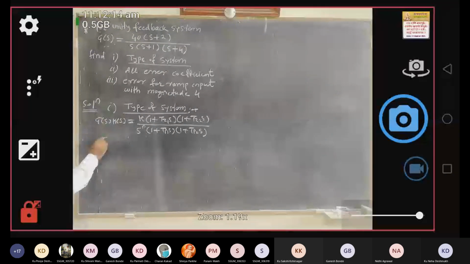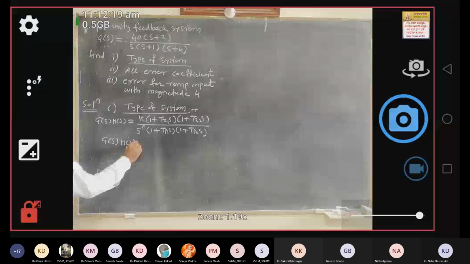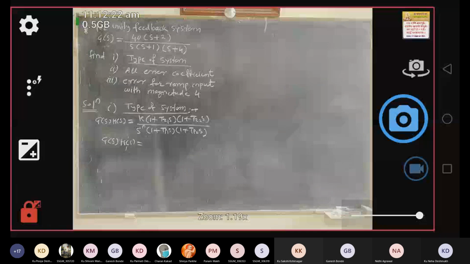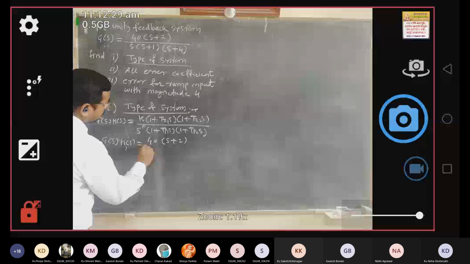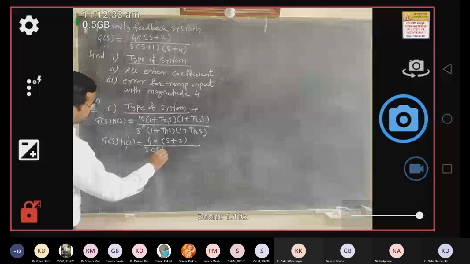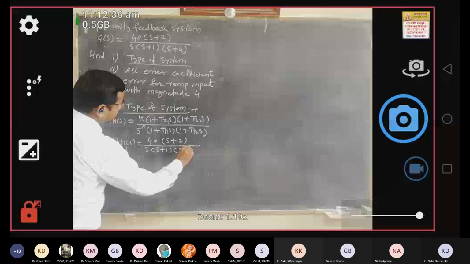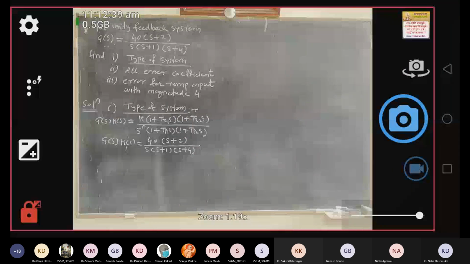So here what is given? G(s)H(s) is given. Here H(s) is 1 because they have given a unity feedback system. So it will be 40(s + 2) upon s(s + 1)(s + 4). Is our transfer function in time constant form?